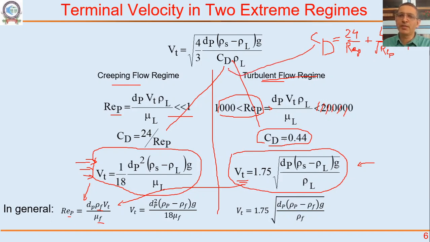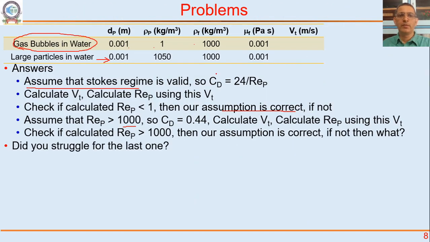If I put this expression here, I will have to solve one nonlinear equation for the terminal settling velocity. So solve that. You might have to do that for this last case. Okay, do that for yourself.